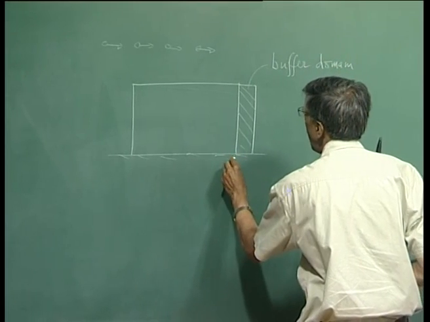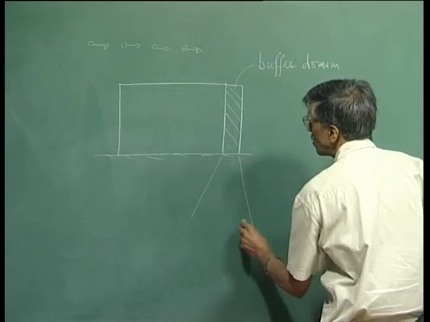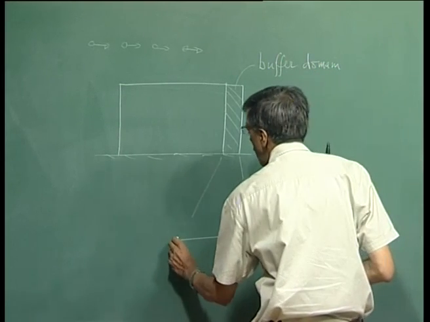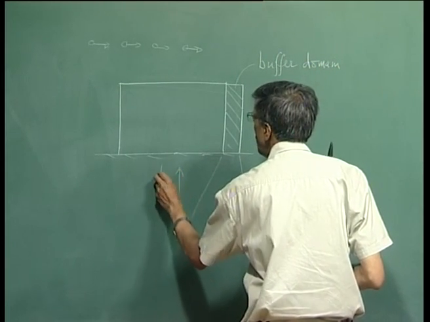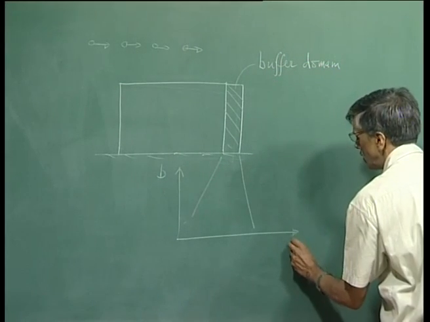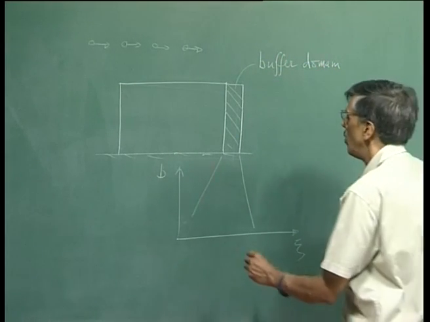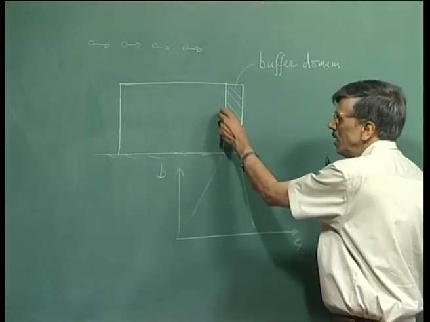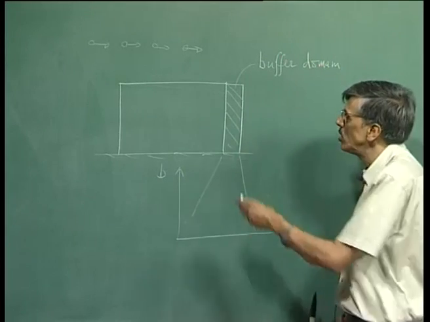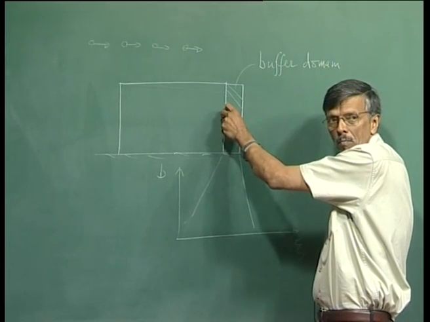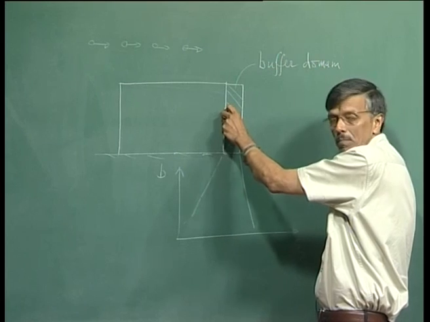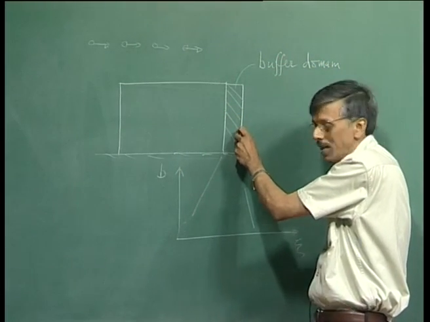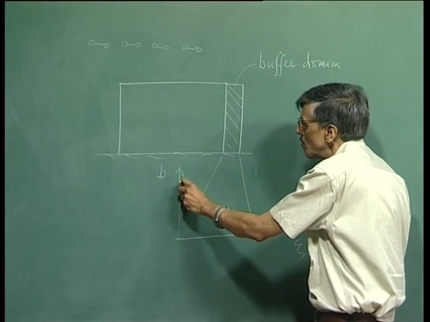So, if I stretch this part, I could plot b versus say xi here. So, what it does here, it takes the value b equal to 1 here, and then it smoothly brings it down to 0 at the end of the buffer layer. So, it would be something like this.